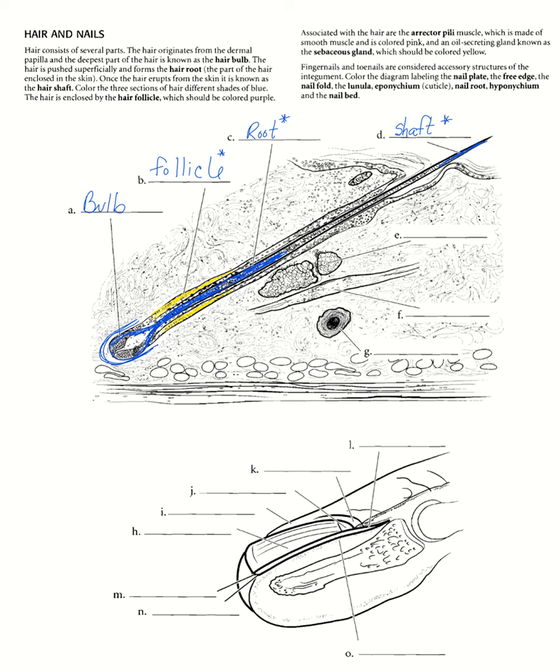So the shaft of your hair means that it's exposed and it's emerging from the skin, right? Now, it's in this diagram again. We already went over this. This is our Pacinian corpuscle. So this is going to be our vibrations and pressure mechanoreceptor.